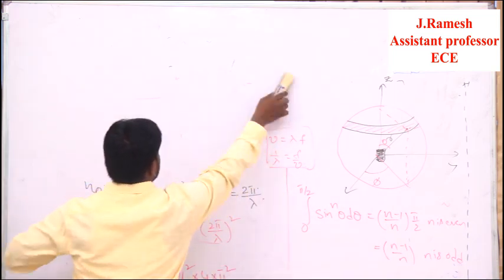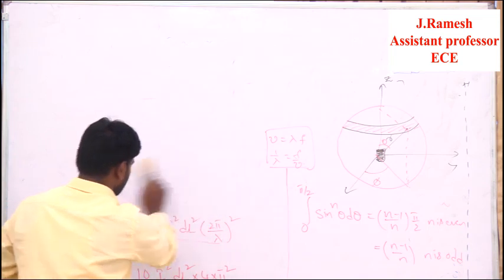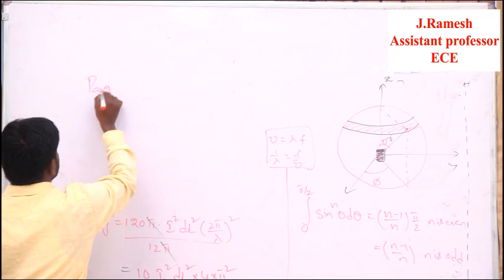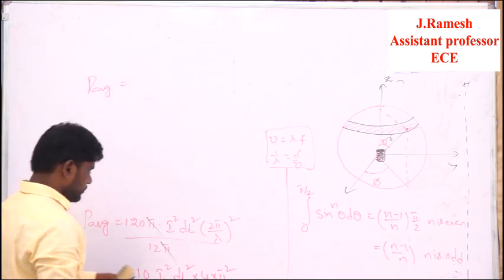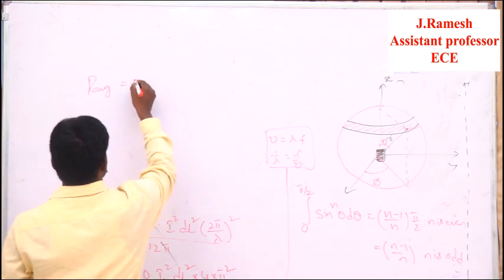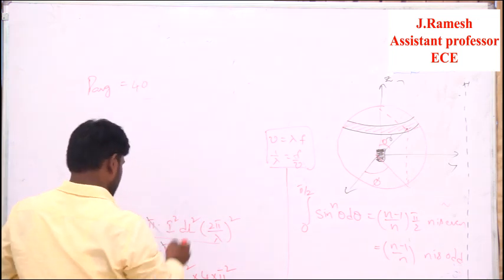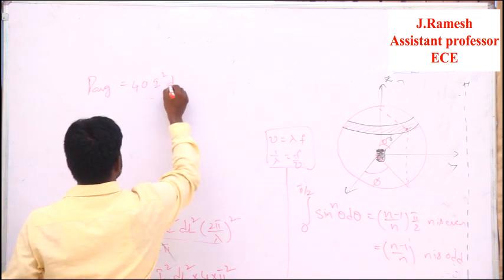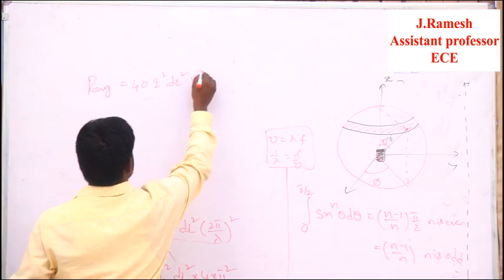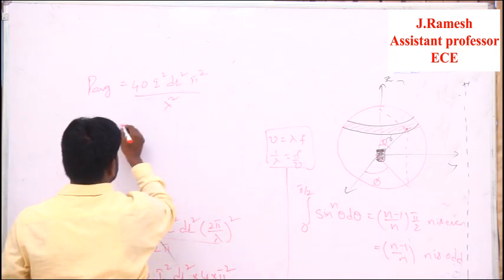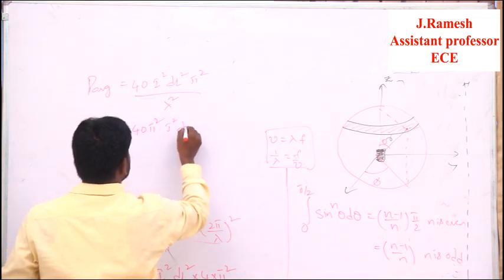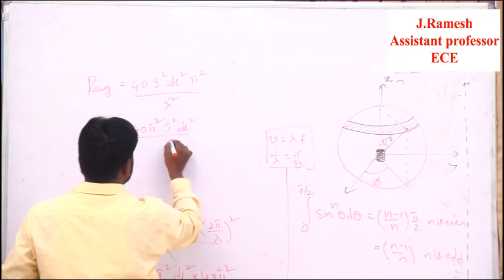P average is equal to 10 into 4, 40, so 40 into I² dl² into π² by λ². I can simply write P average = 40π² I² dl² / λ².